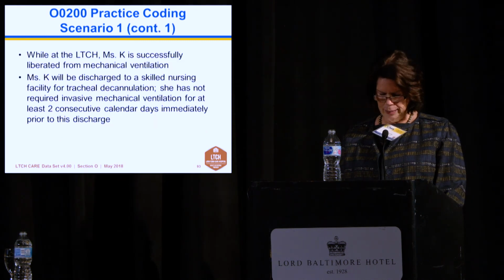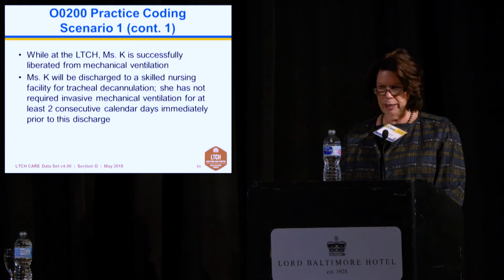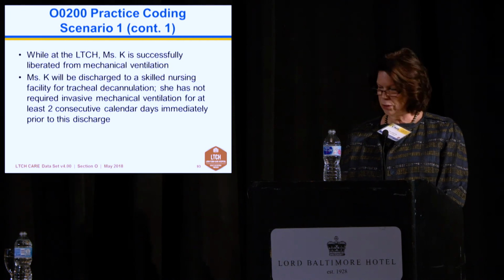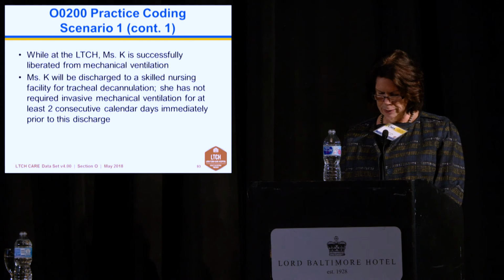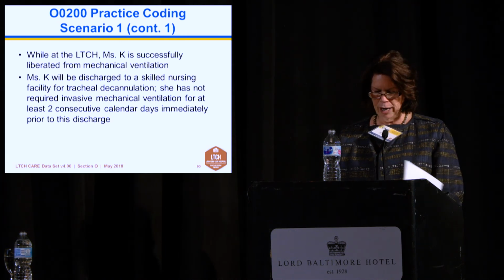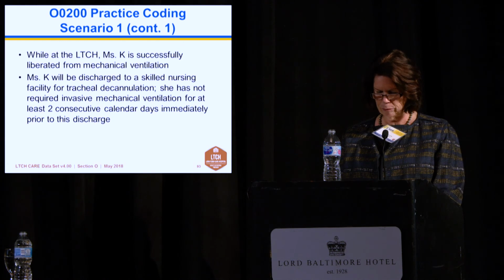While at the LTCH, Ms. K is successfully liberated from mechanical ventilation. Ms. K will be discharged to a skilled nursing facility for tracheal decannulation. She has not required invasive mechanical ventilation for at least 2 consecutive calendar days immediately prior to her discharge.